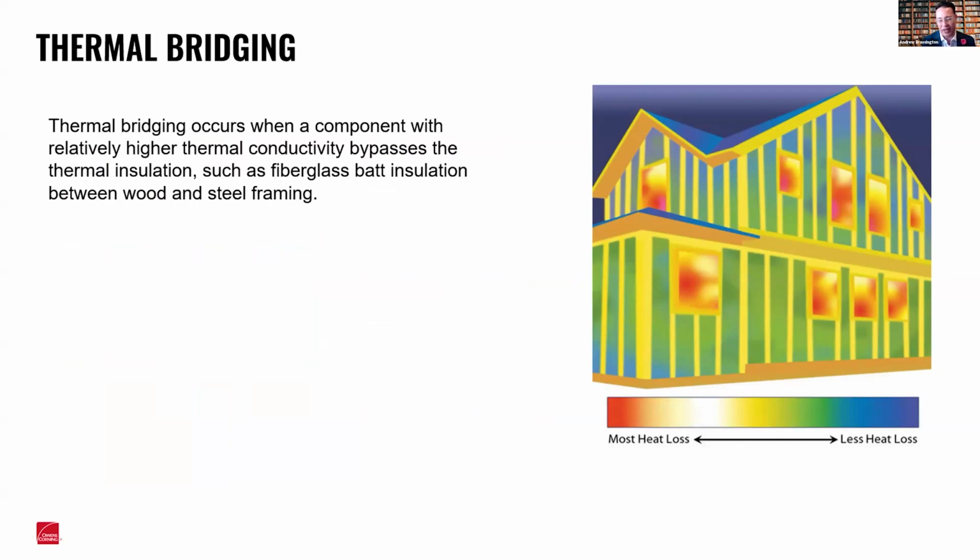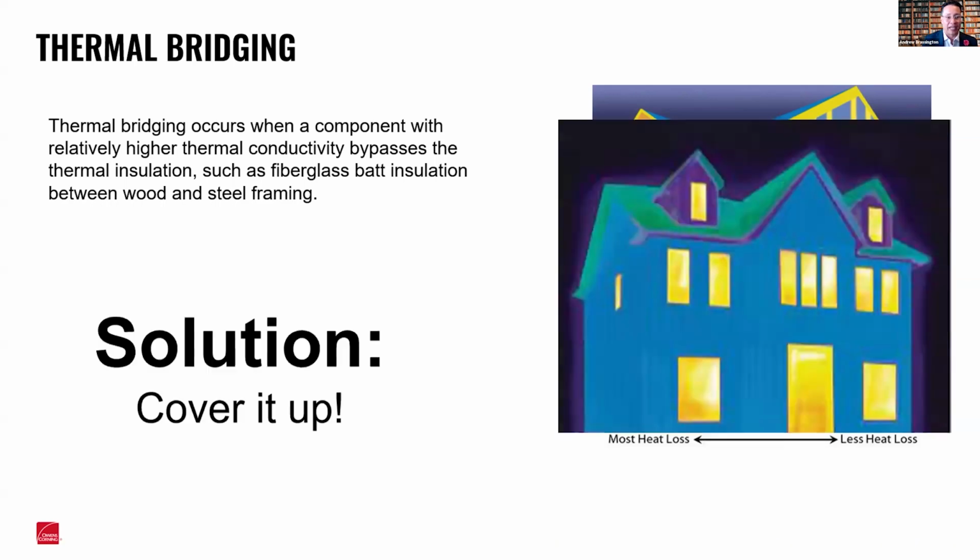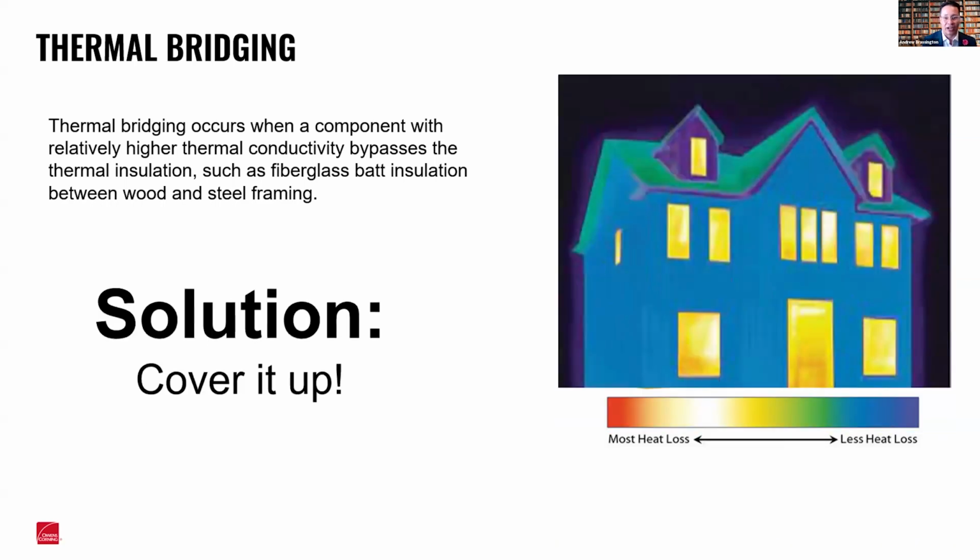If you took a thermal picture of a house, it would look like this. Or if you're in beautiful Winnipeg and it is -30 and you drive by a house that doesn't have any exterior insulation, you can probably see all the lines of the studs. If it's two stories, you can probably even see the floor lines, where the heat is leaving the building, losing energy. So the solution everybody came up with was to cover it up.